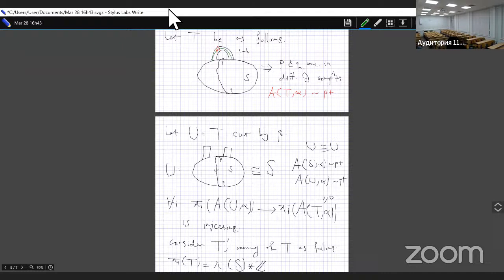Well, first of all, homotopic in which class of paths? Okay. Do we fix the endpoints? Okay, sorry. Yeah, let's do this, homotopic fixing the endpoints. Yeah, sure.